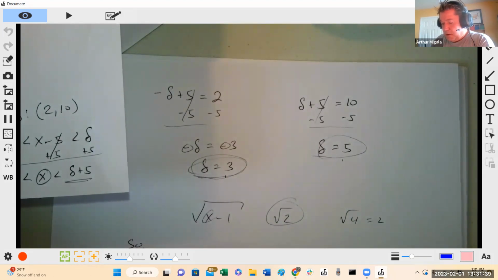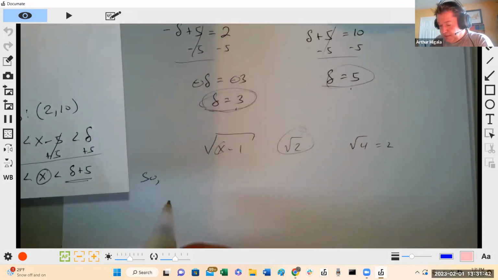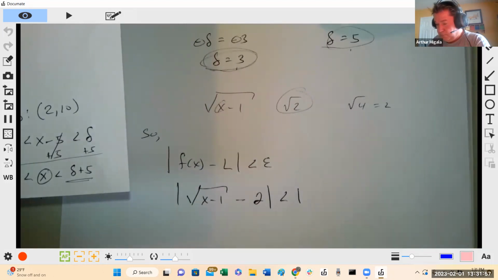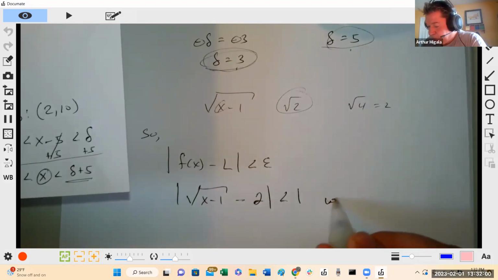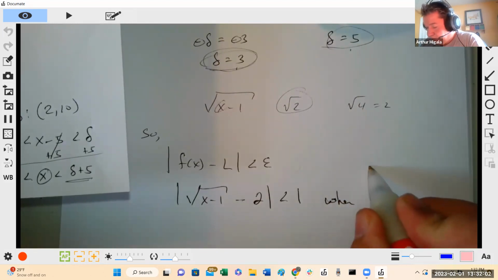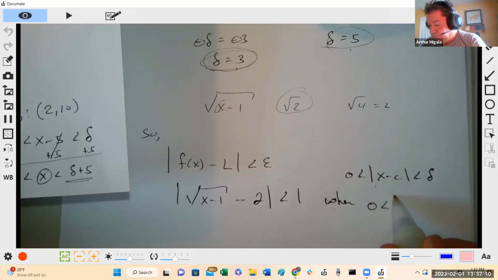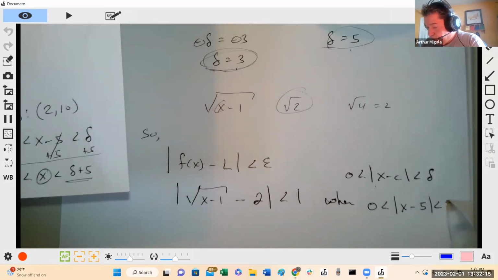So what we know is for our function, which is the square root of x minus 1, the limit was 1 when c was 5, and we use 3.